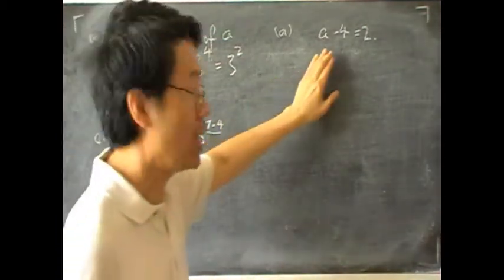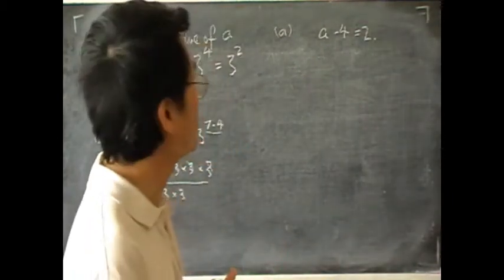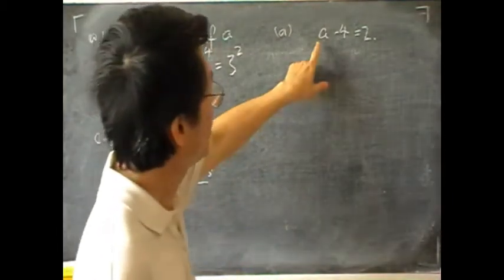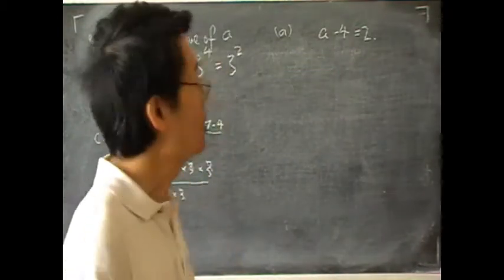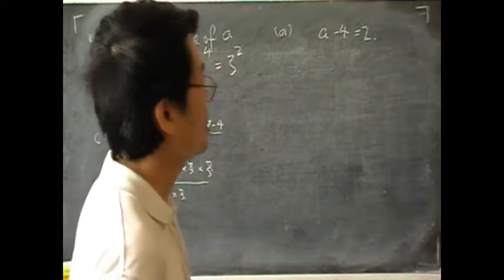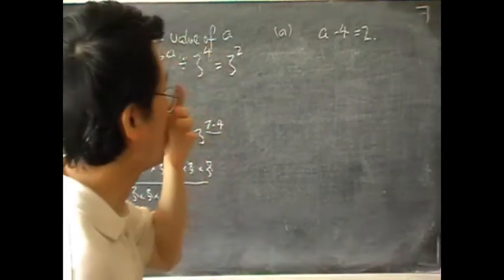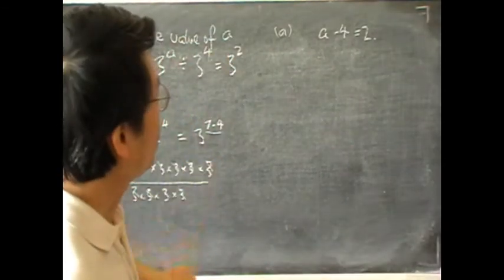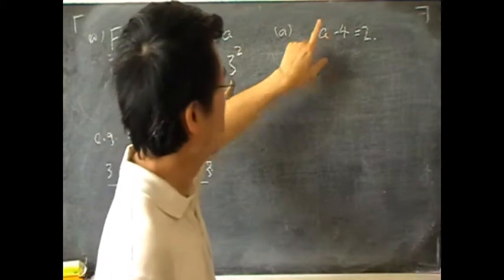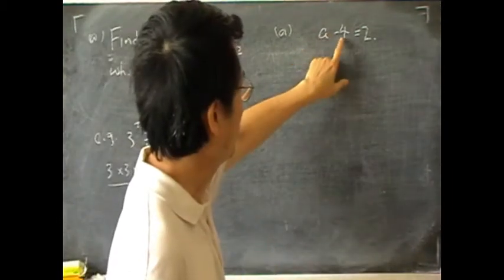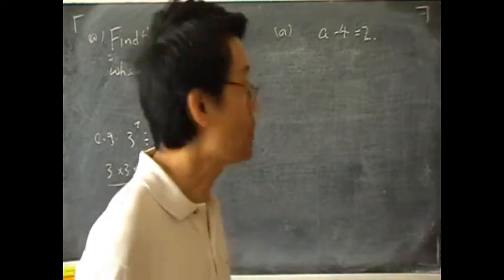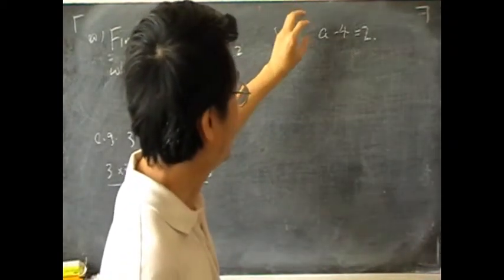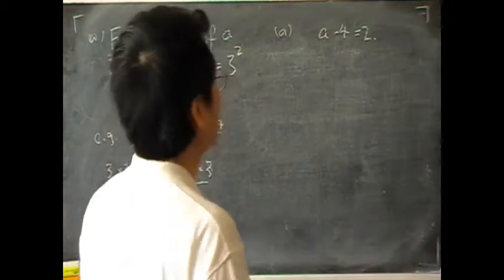Now once we have that, it's a lot easier. We have an equation with a as the unknown. So this is an algebra equation, and we can solve it. We can solve for a now. The first step, we want to get rid of the minus 4 on the left side, so that only a is left.